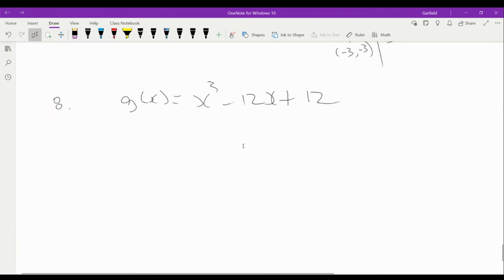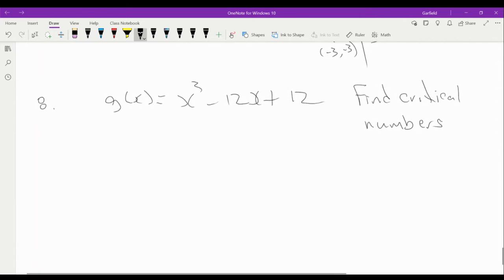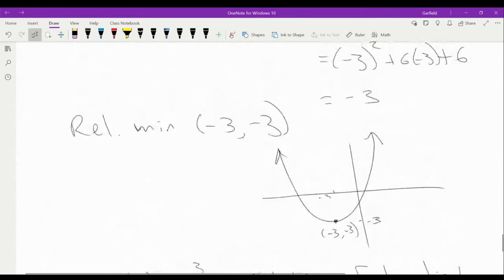All right, how are we finding critical numbers? Let's do part A. How are we going to find the critical numbers? On the graph we can see, but when we get these new numerical problems, how do you find the critical numbers? What did we just say?